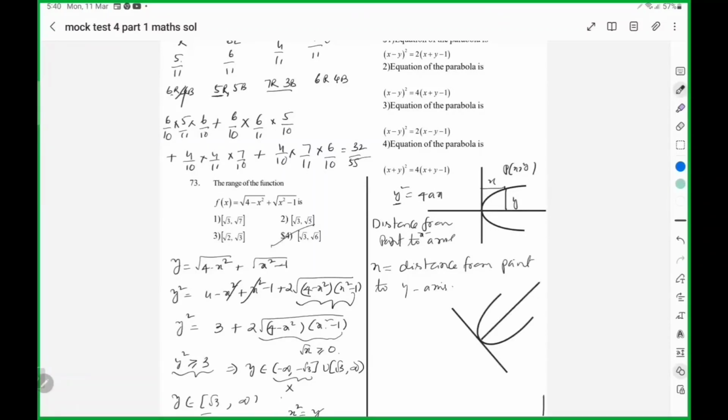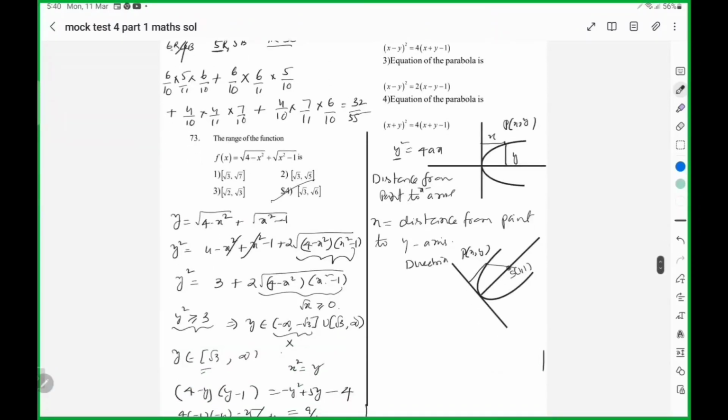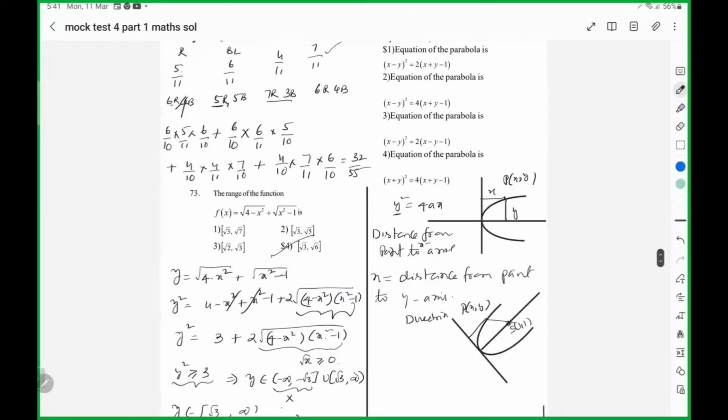Here, what he has given is the focus, 1 comma 1. Here is the point P(x, y). Here is the directrix. Now y means it is the distance from the point to the axis of the parabola.